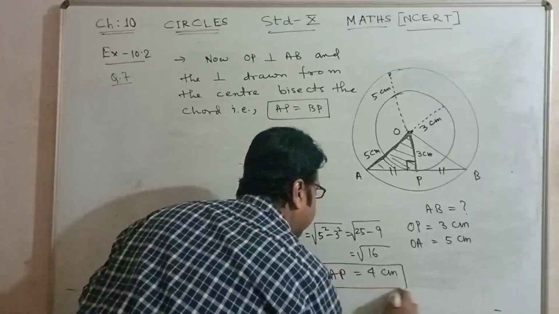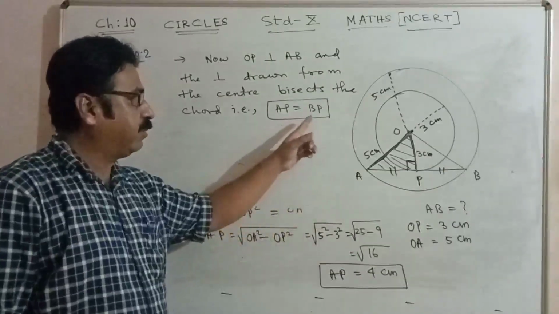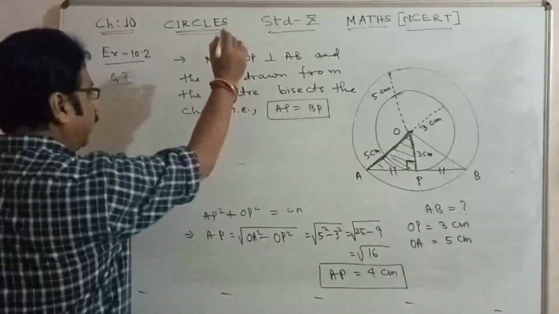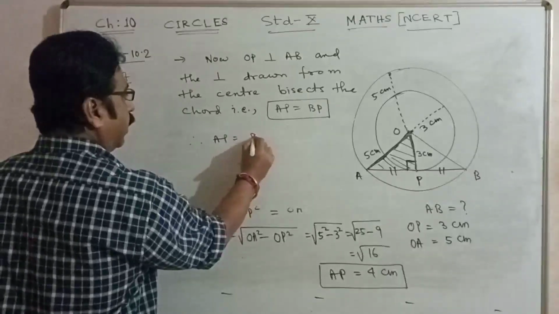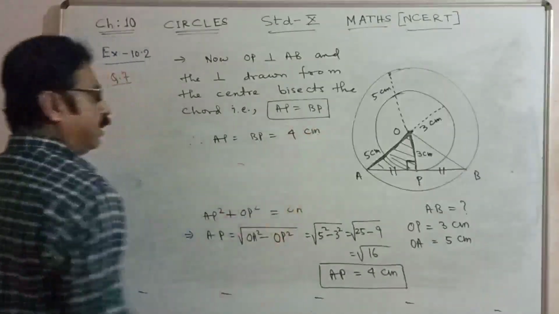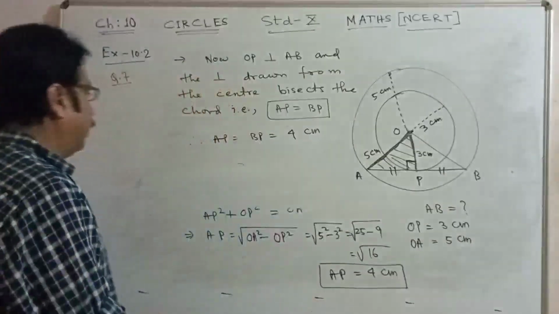We got 4 centimeter. So if AP is 4 centimeter and AP equals BP, then BP also will be 4 centimeter. Therefore, AP equals BP equals 4 centimeter. Now, what is the total length of AB?